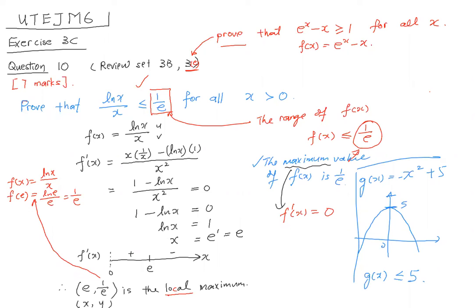And the shorter the question, the more hidden information it has. So the person who wants to answer that kind of question must really think a lot. You must be creative. You must know what the function is. You must know how to go about it. That's why just now, when this question asked you to prove, I told you the first thing is you must have the function. Do you know which is the function?